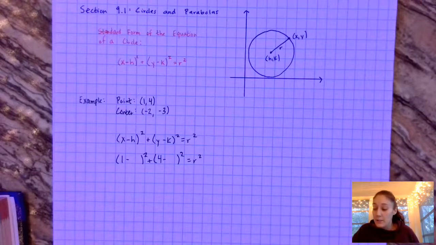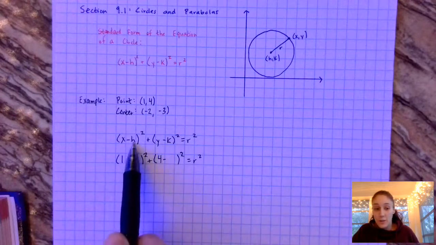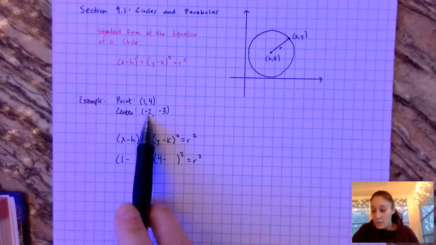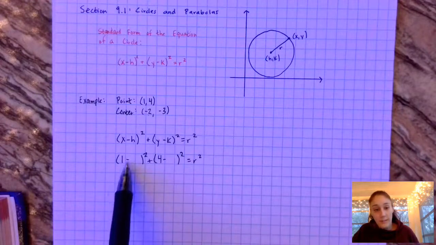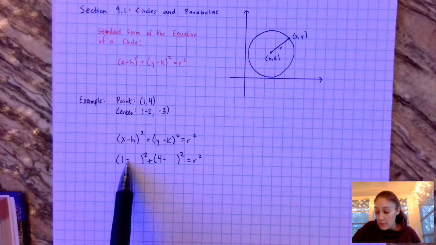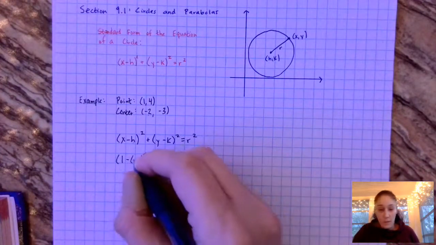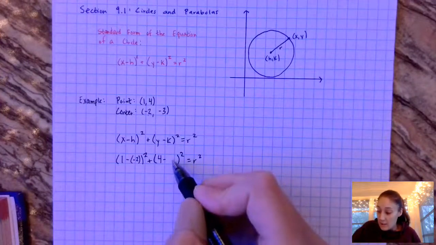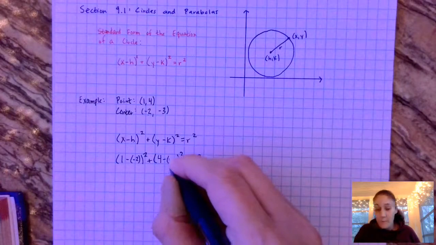Next, let's take a look at the center. Right here we need an h. The h comes from the center. This is a -2, so don't use this negative as the negative for the -2. There's going to be 2 negatives here, so please be careful with that. And for our k, we have -3.